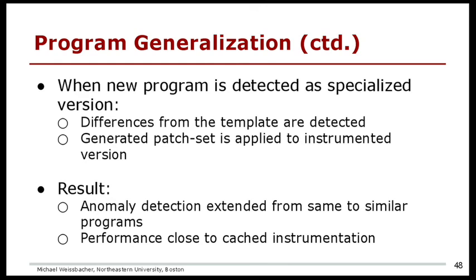And then if we receive a new instance of this class of programs, we look up the corresponding places in the program that match these placeholders, and we generate a patch set. So we know which point in the previously instrumented program we need to replace with these new values. The output of this is, of course, that this is faster to instrument, but most importantly, that we reduce anomaly detection from equal programs to ones which are in the same class.